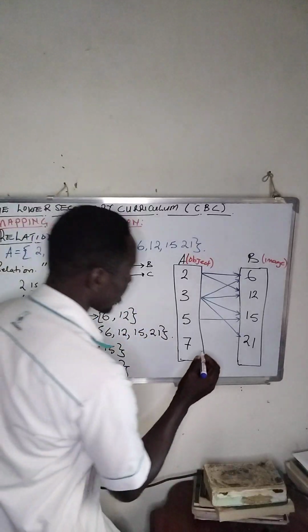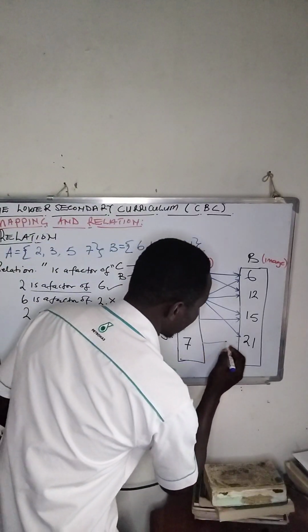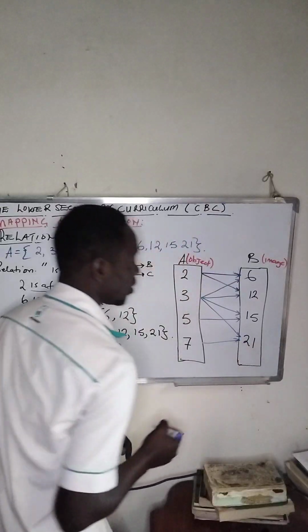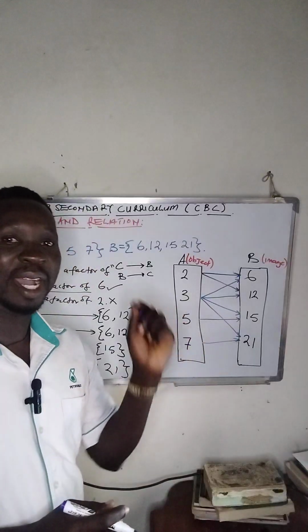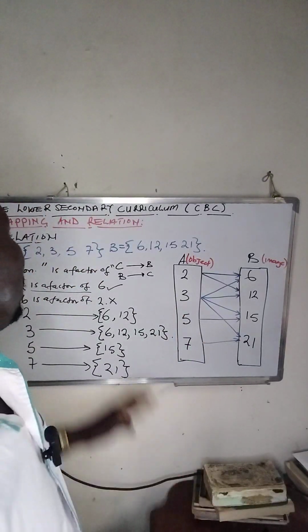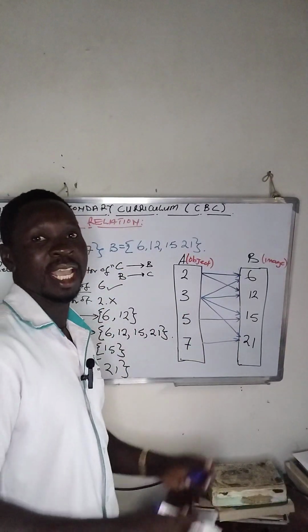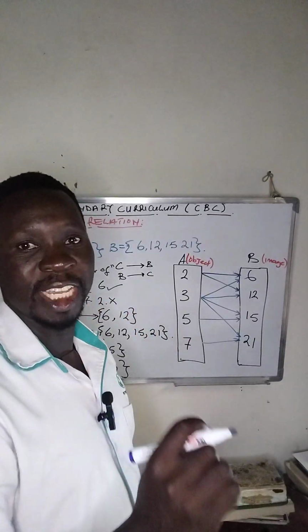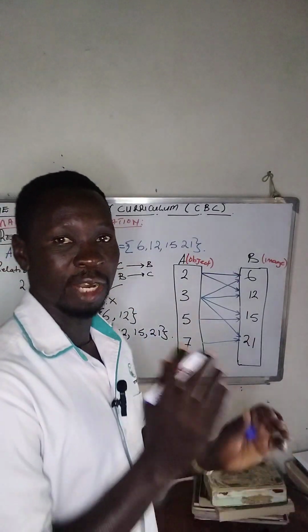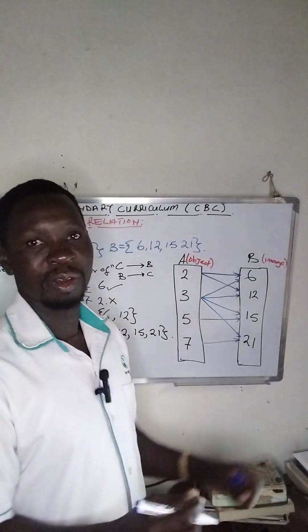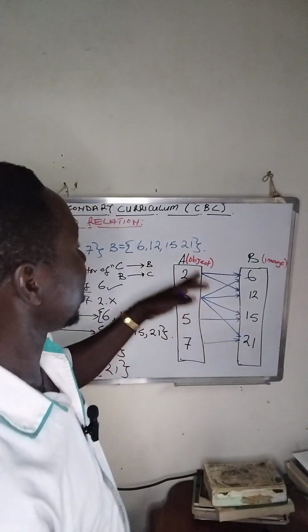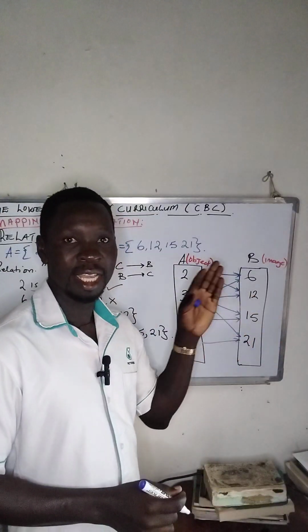Then also, 7 is a factor of 21. Now we are done with the mapping. When we talk about mapping and relation, we map a given relation, the connection between these numbers. And remember, these connections are always mathematically represented by an arrow.